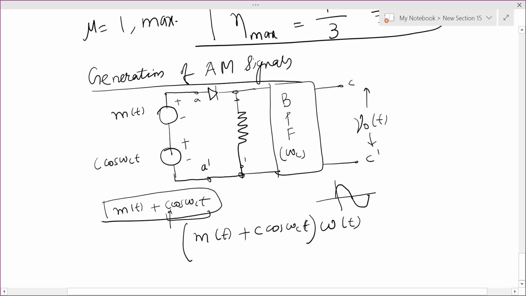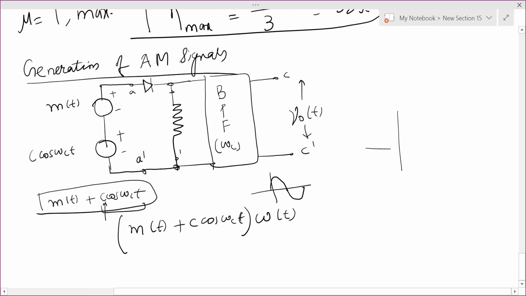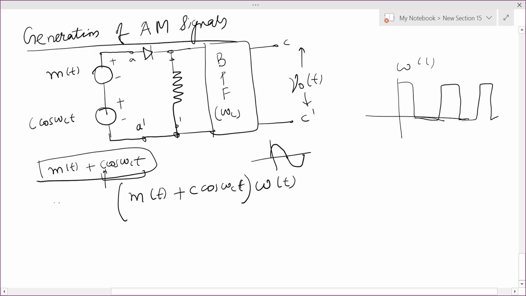Okay, it is an on off signal of this type, on off, return to 0. This is W of t. So this is your V out, V BB dash of t. This will be the voltage across BB dash, which is here.